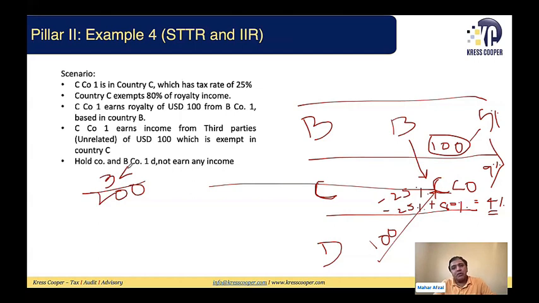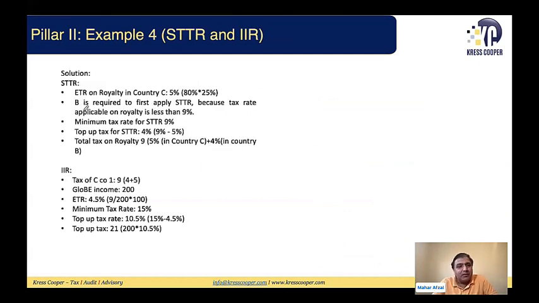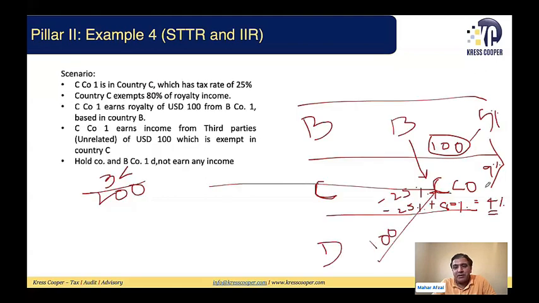Now, just look into this. The effective tax rate for the STTR is 9% and the reality is 5%. Minimum tax is 9%. CICO will apply this 5%, 4%. Top up tax is 4%. So 25% into 80, it should be 5%, not 4.